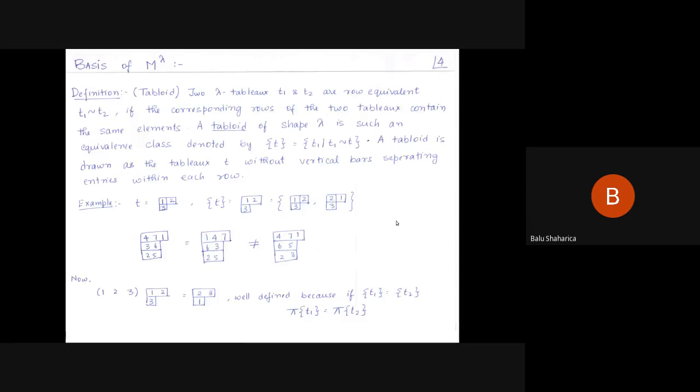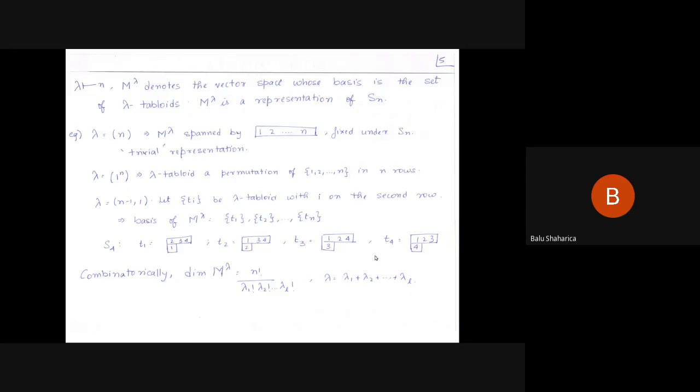So we have four basis vectors of it over here. I know we have calculated the dimension of M lambda before using the multinomial, but even combinatorially we can count the number of tabloids we can get for a given lambda, and it turns out to be the same.